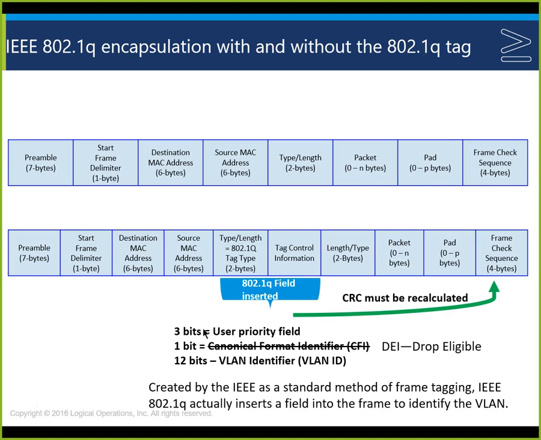The 802.1Q field has 3 bits for user priority, 1 bit for drop eligible, and you notice this has changed names from canonical format identifier to drop eligible indicator, and then 12 bits for the VLAN ID. These go into the shim, which goes into the middle of the tag control information, which goes into the middle of the Ethernet frame.